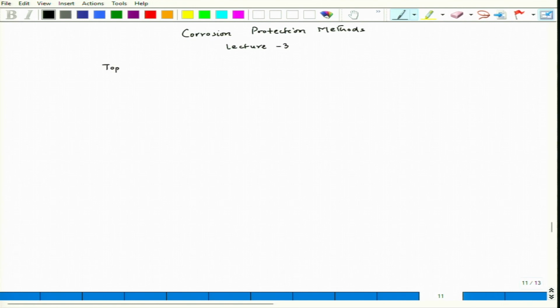And the topic we will cover in lecture 3 is material composition and microstructure, and we will concentrate on metals and alloys.